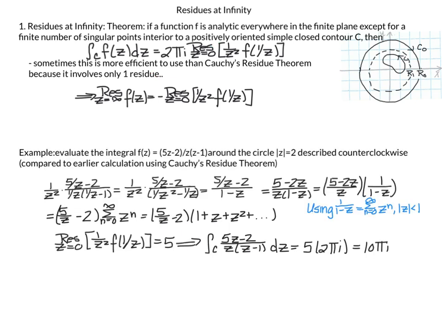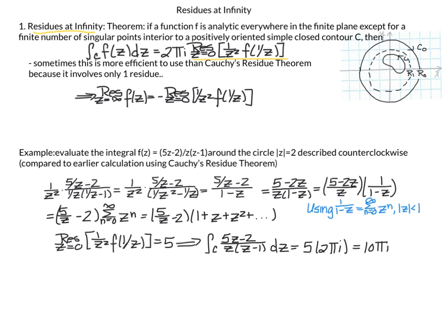This residue here, the residue at z equals 0 of 1 over z squared times f of 1 over z, which I have copied over here, is equal to the negative residue at z equals infinity of f of z. So this is how we define residues at infinity.